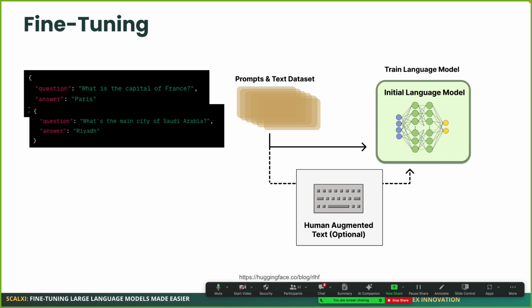And this, of course, takes a long time to prepare a data set manually. So we're going to show how we can prepare a data set in a programmatic manner so that we can generate a lot of prompts and completions or questions and answers by just leveraging contextual information and generating prompts and completions automatically to fine-tune a large language model.